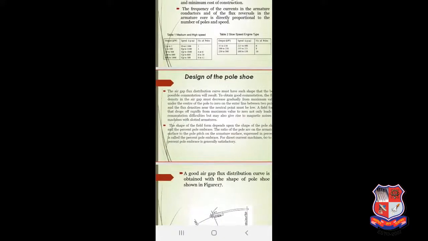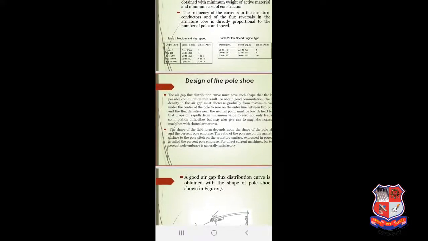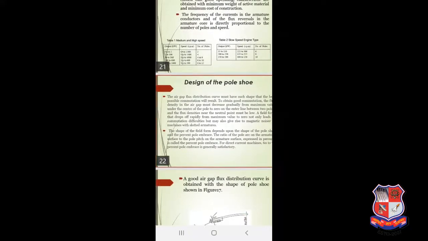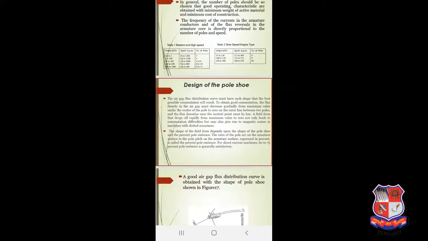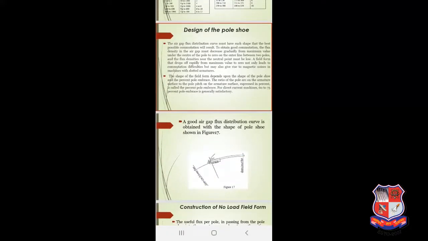Now, design of the pole shoe. The pole shoe is mounted on the pole, and the pole shoe is used to spread the flux which is produced in the stator, so that the rotor can get maximum flux linkage.